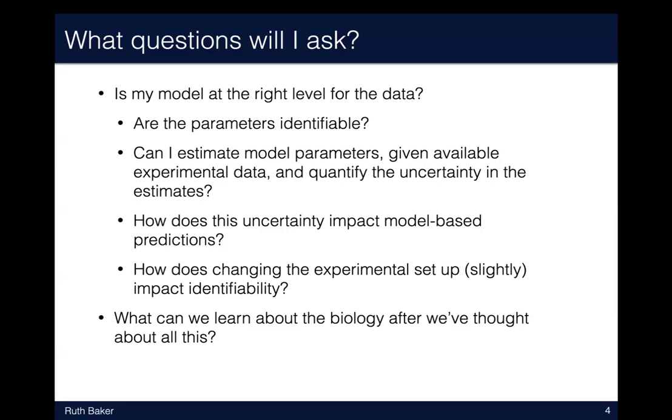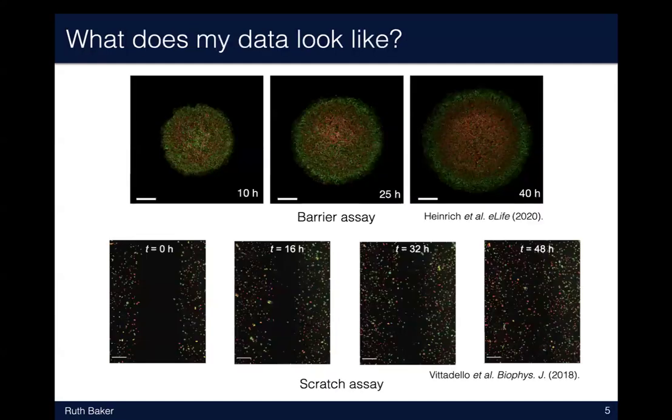A big one for today is how, if I change the experimental setup, and for me it's only slightly, there's no big changes here, how does that impact my ability to estimate parameters in a model? And then after we thought about all that, can we learn something about the cell cycle and regulation? So that's the idea.